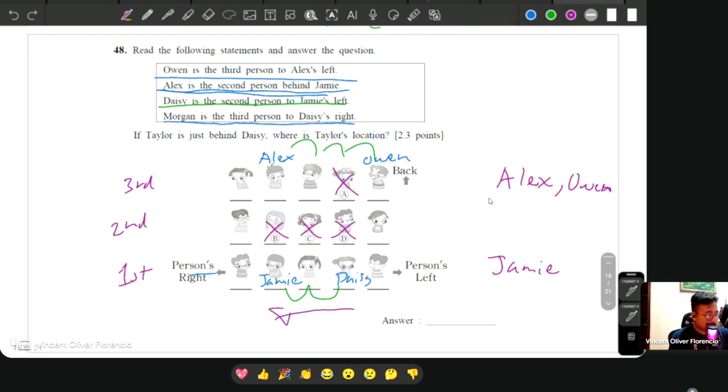Third person on Daisy's right, 1, 2, 3. This is Morgan. Now what's the question? If Taylor is behind Daisy, this is going to be Taylor. So the location of Taylor is option D.